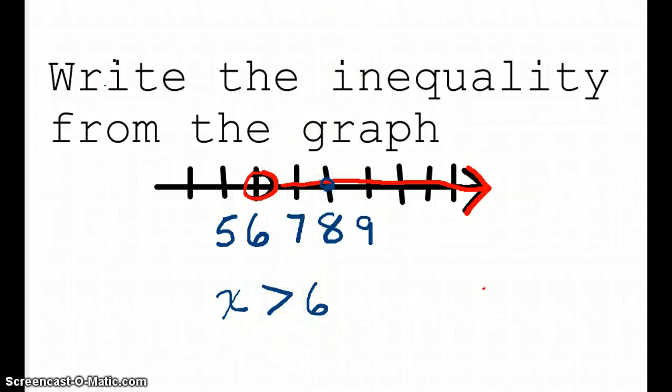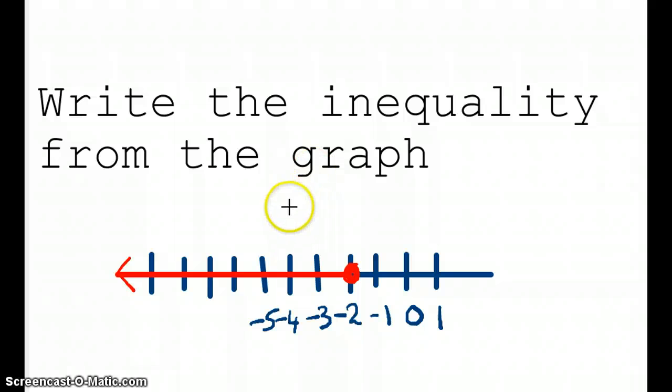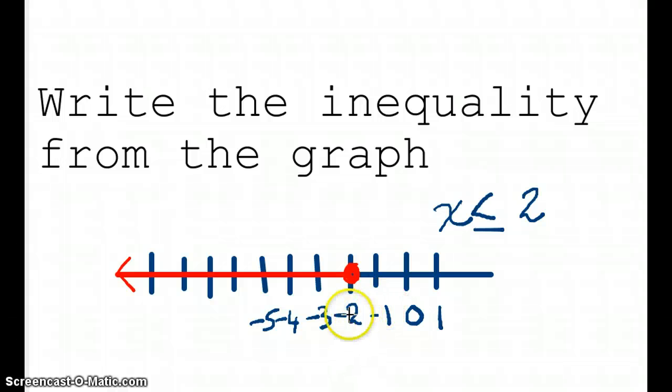Good. Number is 2. I'm going to write 2. Looks like it's solid. Includes. X is less than 2. Whoops, made a mistake. X is less than or equal to negative 2. Pick a point. -5. Is -5 less than or equal to -2?